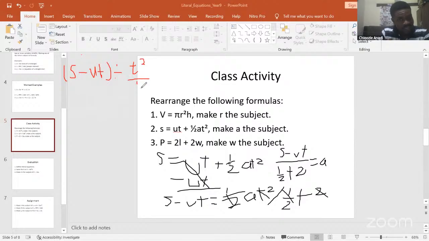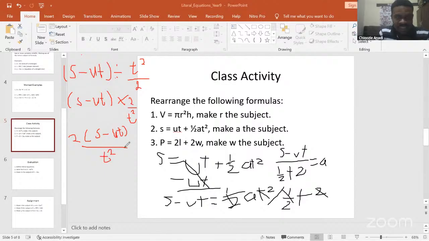If I change this division to multiplication, you'll be finding the reciprocal. So your final answer will look like this: 2 into bracket s minus ut, all over t squared. Are you seeing this?